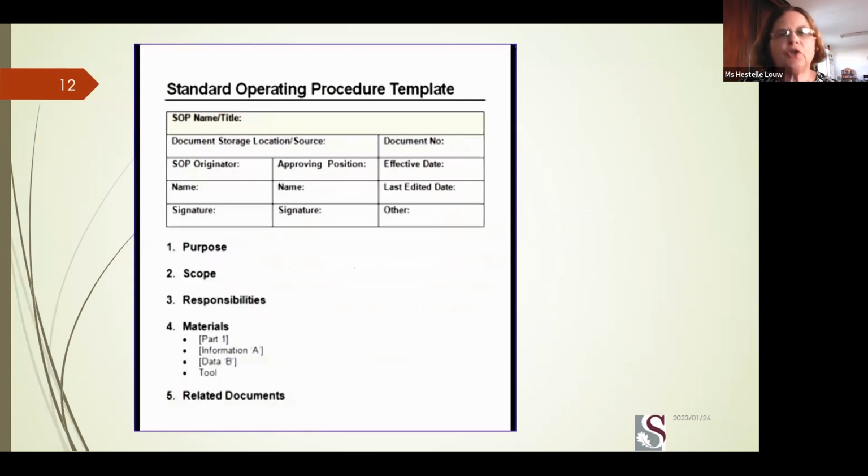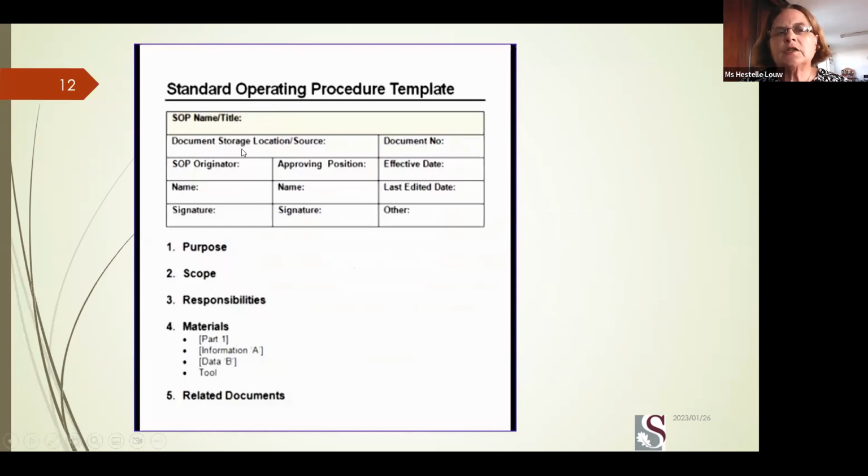I've got here for you 3 examples of SOP templates. And this one is a very short, simple one. And you will see that they have the SOP name and title.